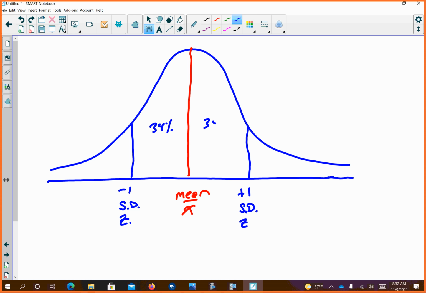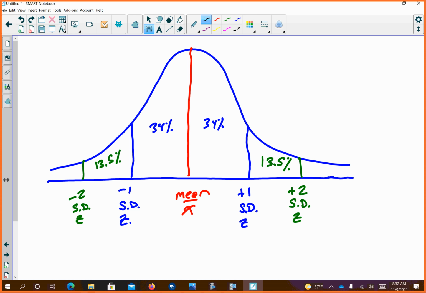Here is 34%. 2 standard deviations could also be referred to as a z-score. -2 standard deviations could be a z-score. 13.5% goes here. 13.5% goes here.